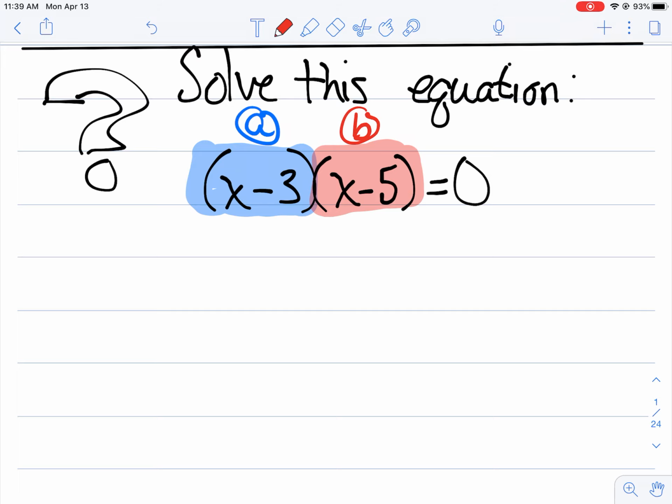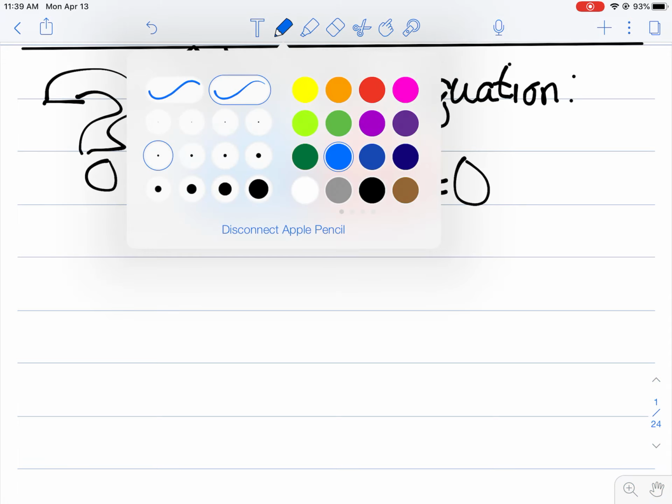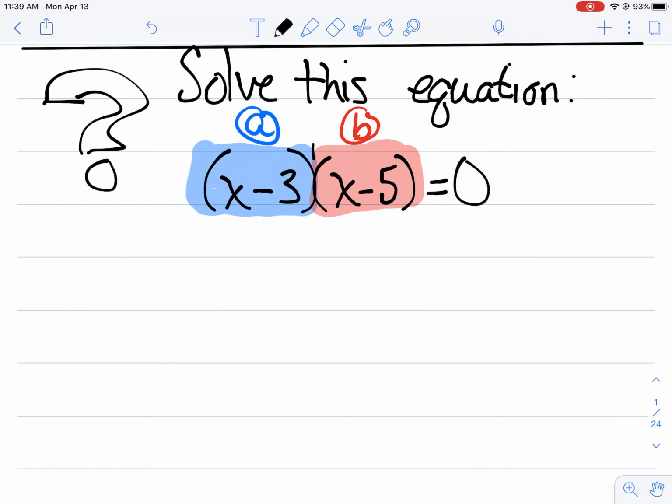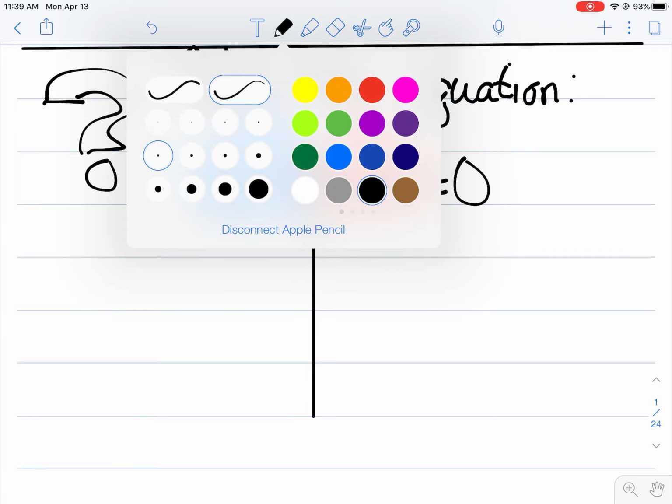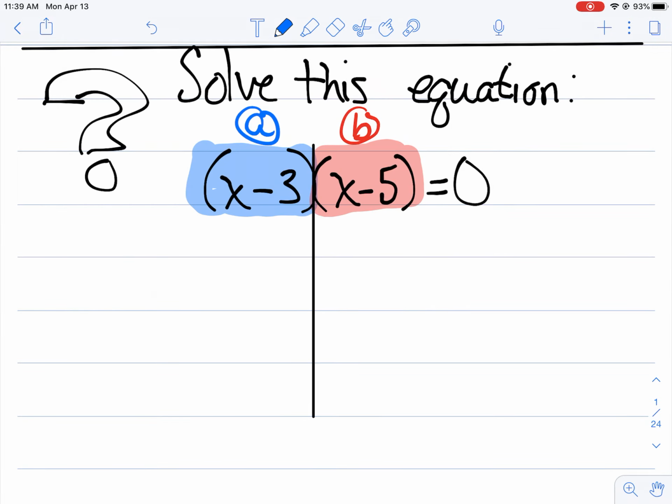When we solve these equations, I like to draw a line between the factors, and then set each factor equal to 0, because the whole equation equals 0. From the previous property, at least the blue group or the red group must equal 0, and that way I can get solutions to this equation.